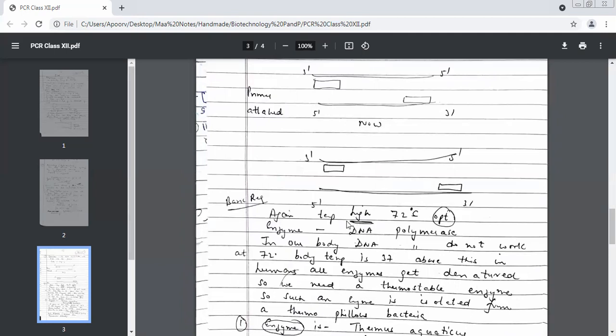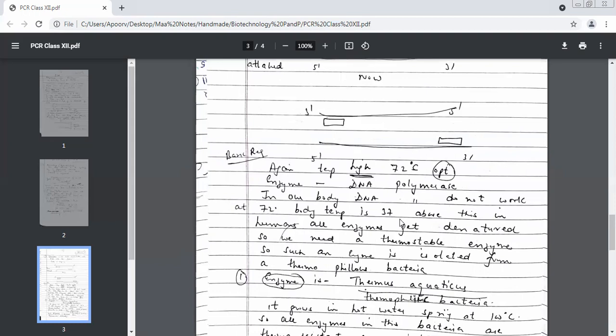Now again we need a high temperature, approximately 72 degrees Celsius. You'll raise the temperature up to 72 degrees Celsius. And you need the enzyme DNA polymerase.